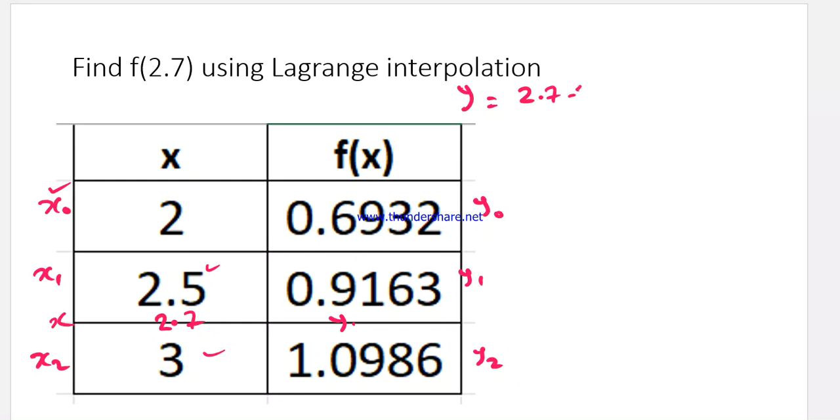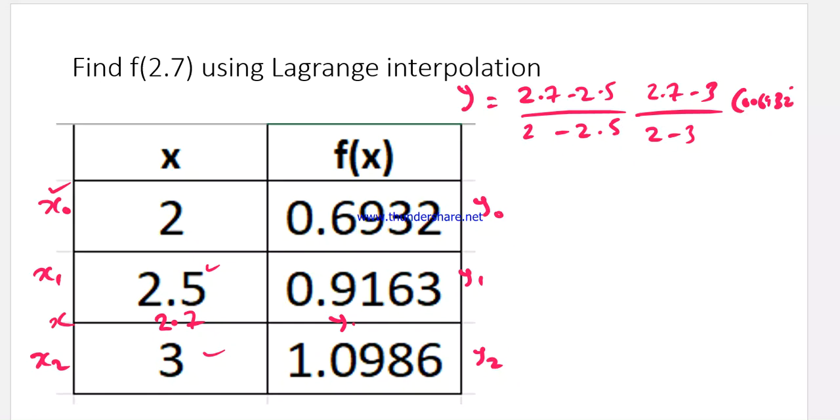So 2.7 minus 2.5 all over x naught, which is 2 minus 2.5, multiplied by 2.7 our x again minus 3 all over x naught, which is 2 minus 3, multiplied by y naught now, which is 0.6932.